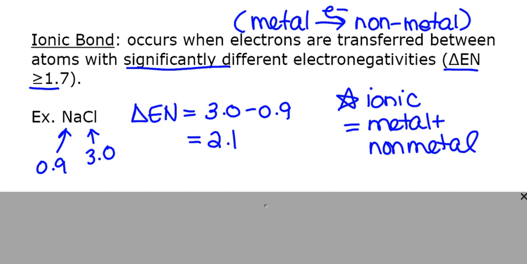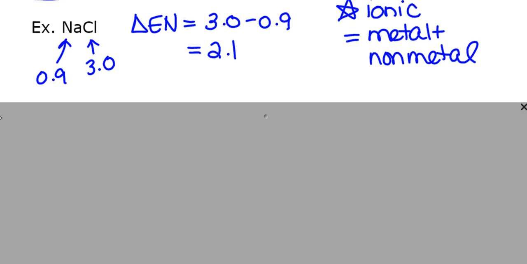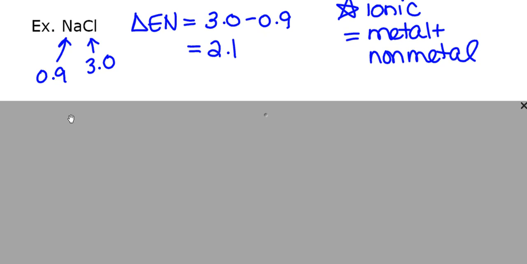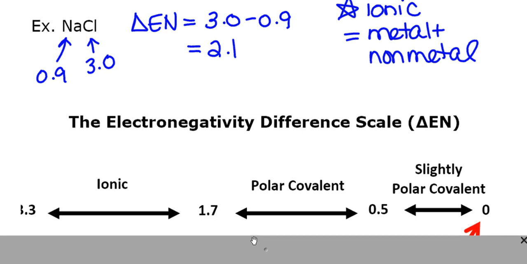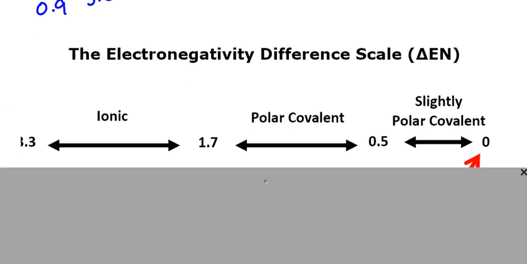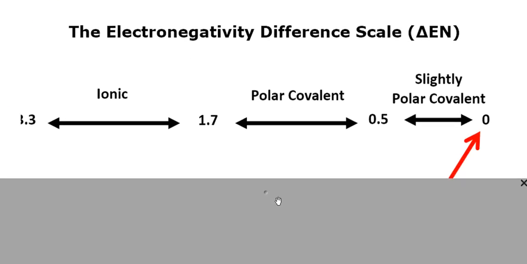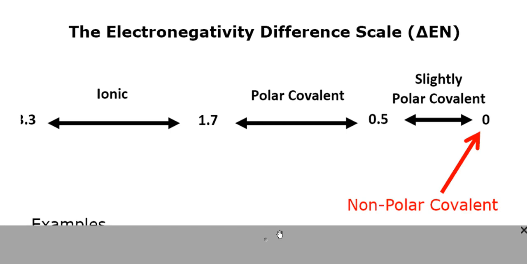So putting all of this together, we can look at something called the electronegativity scale. And we can try and rank or look at what the differences are for electronegativity values. So if your electronegativity difference is approximately 1.7 to 3.3, you end up with an ionic bond.